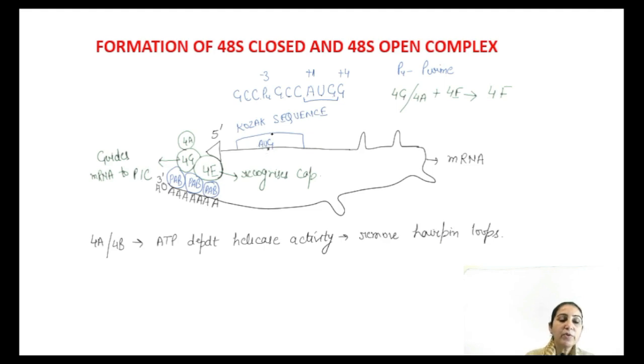So now we have this structure, that is mRNA, which is folded upon itself and is bound to poly A binding proteins and initiation factors 4E, 4G, 4A and 4B also. The cap is bound to the tail with the help of 4E, and we have our start codon here, which is incorporated in the structure of the Kozak sequence in case of eukaryotes.